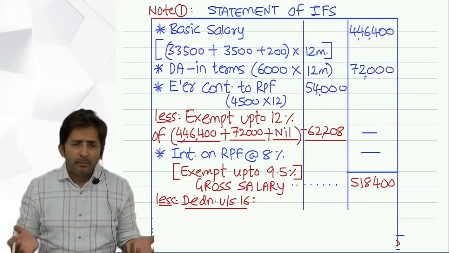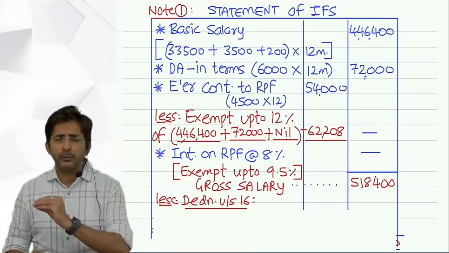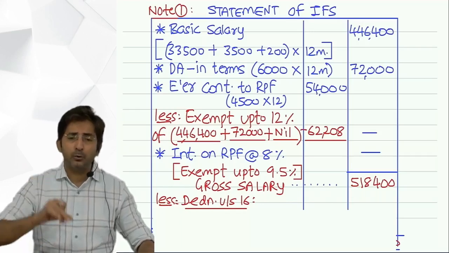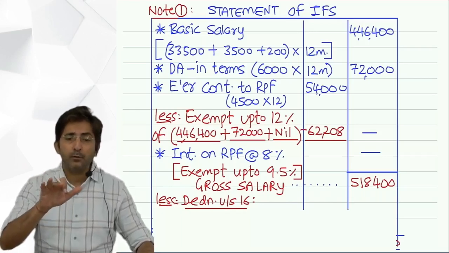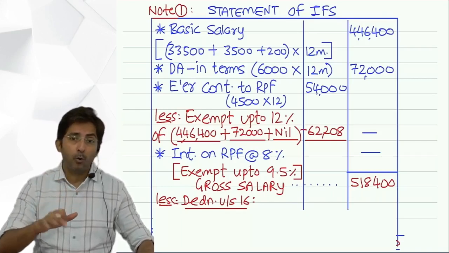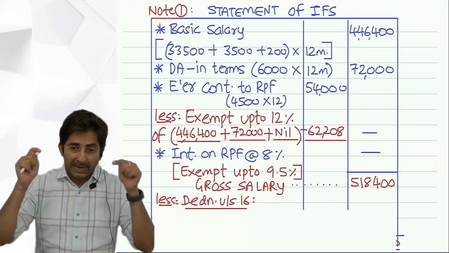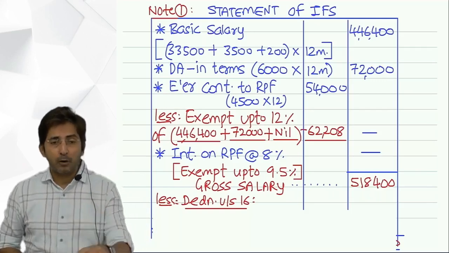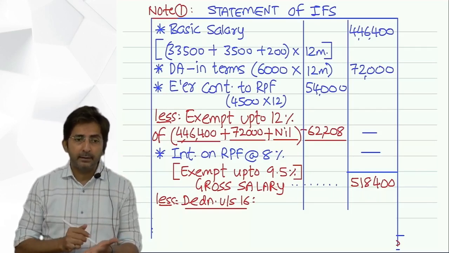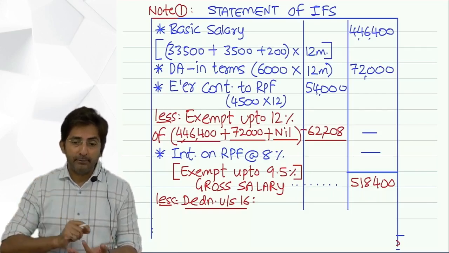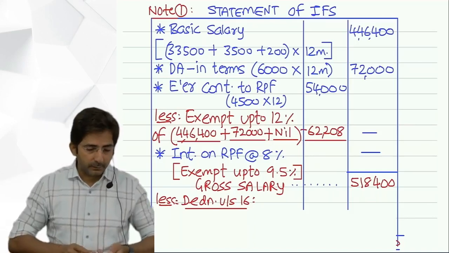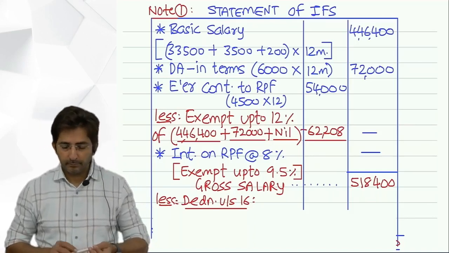Most of the students leave 10 marks, 20 marks, 15 marks. Why? Because your speed is slow. The solution is: your speed will not increase overnight. You have to practice in the class. Whether you are doing tax, accounts, anything in the class, when you are writing, put in a conscious effort that I will do it fast. Practice will make you perfect.